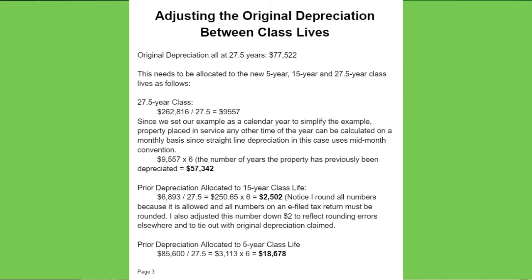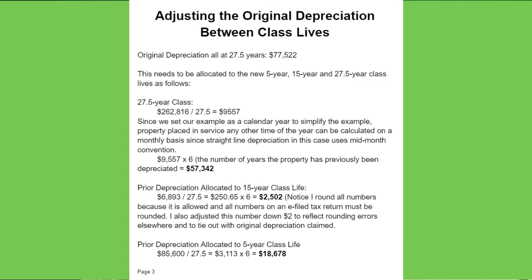So we need to know how much depreciation would have taken place had we done the cost segregation from day one. So that $262,816, which we get from the cost segregation's summary detail, we're going to divide that by 27 and a half years, the depreciation class life or straight line, and then we're going to come up with $9,557.